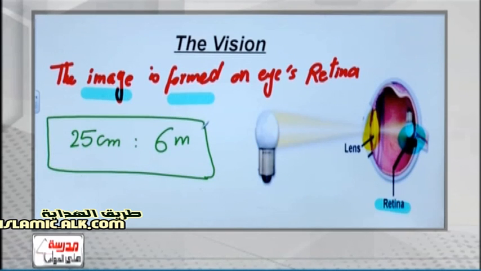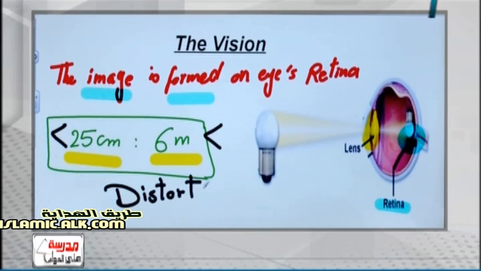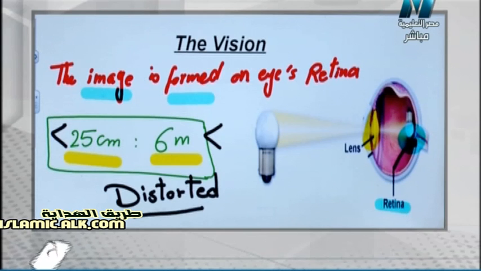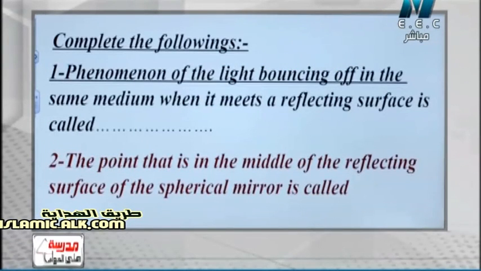More than 6 meters or less than 25 centimeters, the vision is distorted.